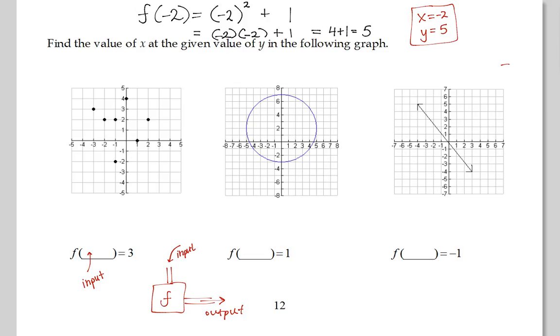In this example, it's outputting a 3. So what do you input to get a 3? Remember, f of x will equal some y. So the y is 3. So where is y equal to 3? Up here. What x value gives you that? Negative 3. Good. So this is negative 3.